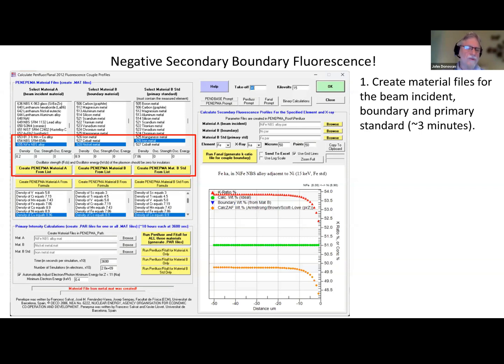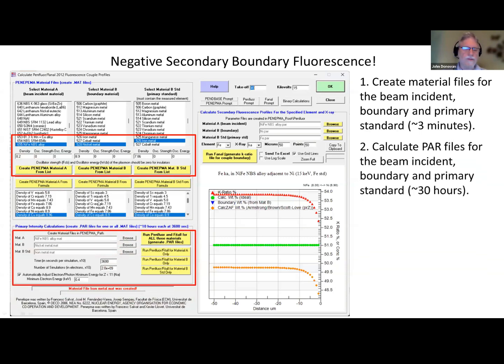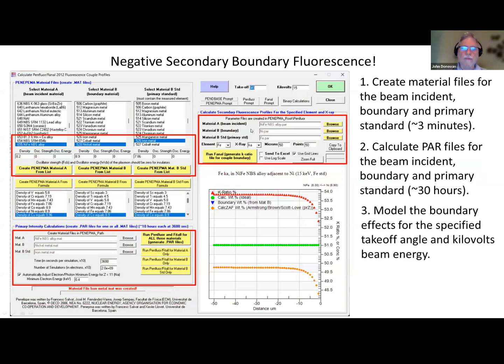If you have another material you want to add, you can either add it to your standard database, or just type in a formula and it will calculate it. Each of these takes about 10 hours to calculate, so 30 hours for all three materials. But once they're calculated, you can proceed to run the model, and it only takes a few seconds. You can edit the kilovolts, the element and X-ray, and get the calculation.